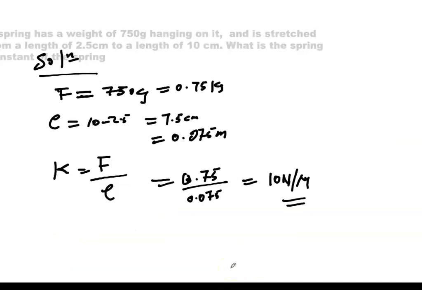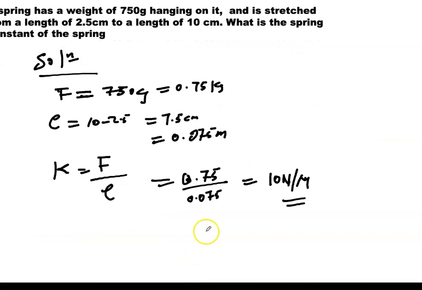Another example here, this time around, a spring has a weight of 750 grams hanging on it, and it is stretched from a length of 2.5 centimeters to a length of 10 centimeters. What is the spring constant?